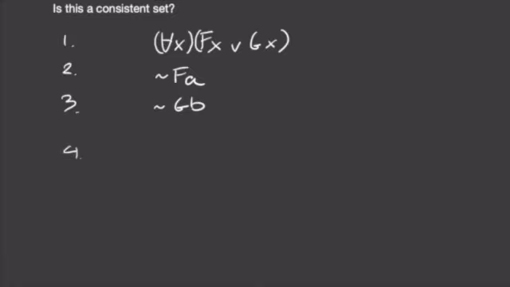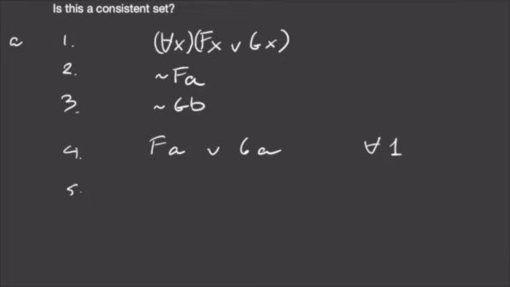So on line 4, the substitution instance with A would be FA or GA, and this is by the universal rule in 1. And then I'm going to write A to indicate that I've already used that name here. So at this point, I could use 2 things.